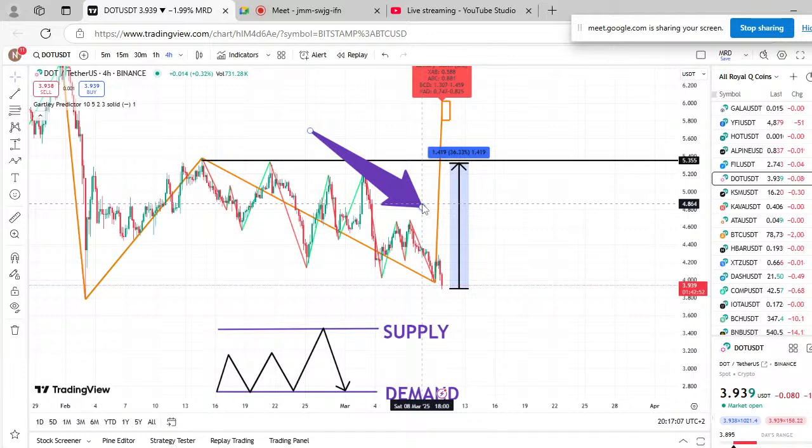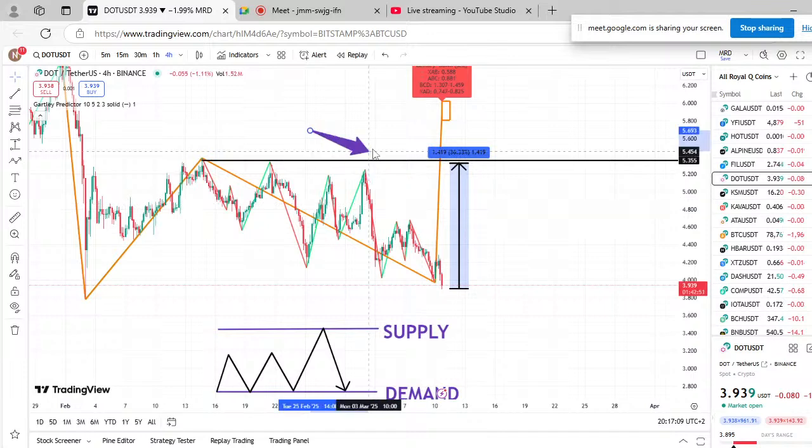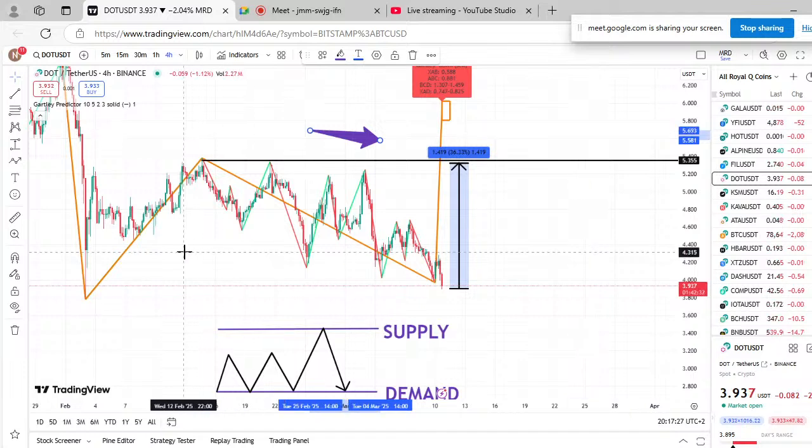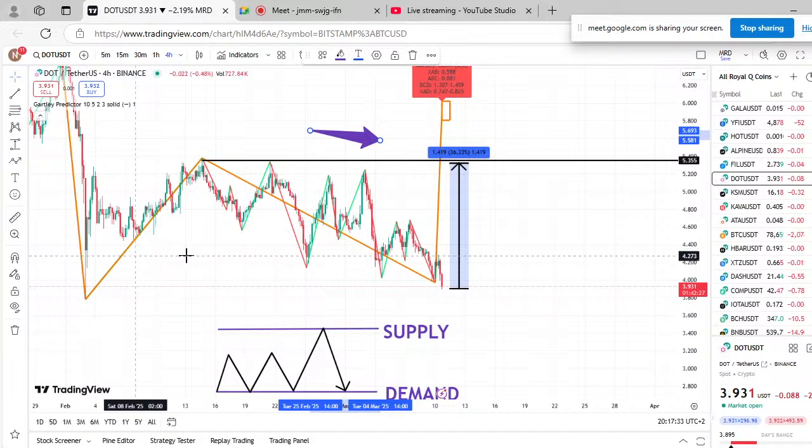Why is the market dropping? Automatically, people will be selling. And whenever the sellers are too much, the coin will simply drop. And whenever the buyers are too much, the coin will simply rise.